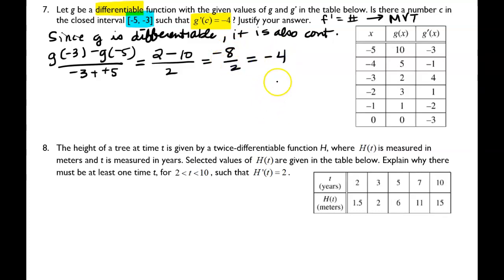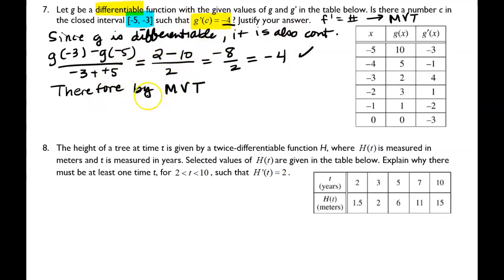Now, we may or may not have to do more work after this. We're going to check, does this -4 match up with the value we were looking for? It does. And so then we can go ahead with our conclusion. So we can say, therefore, by MVT, there must be a place where my derivative is equal to this average rate of change. So if my function is differentiable and continuous, there is a place where this average rate of change is equal to my derivative, the g prime.